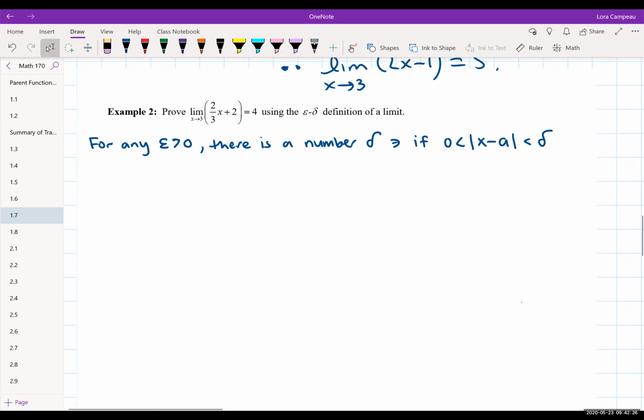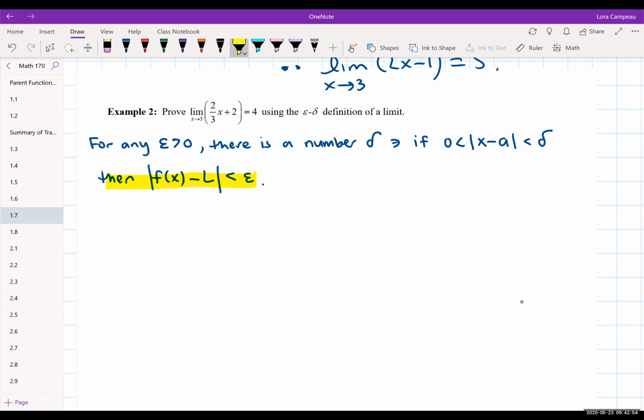So if this is the case, then we can say we are within epsilon units away from the limit L. So just remember, we're looking at the hypothesis, which is the first part, and the conclusion. That's what we're going to want to show.